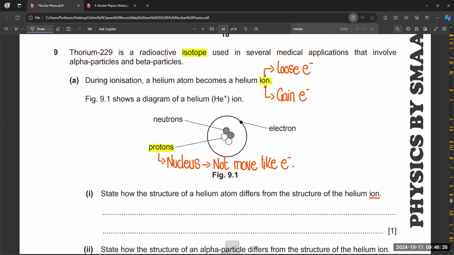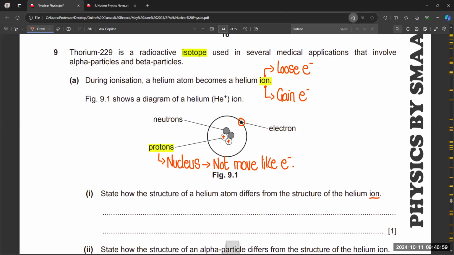Electrons are free to move, but protons are in the nucleus, making up the center of the atom. That is the base of an atom. And if you try to move the base of anything, definitely that structure collapses. So that's why a proton is not able to move like an electron. Always remember this concept.